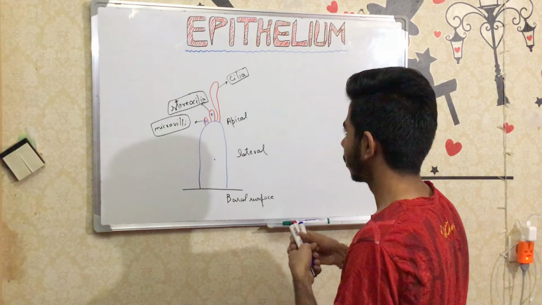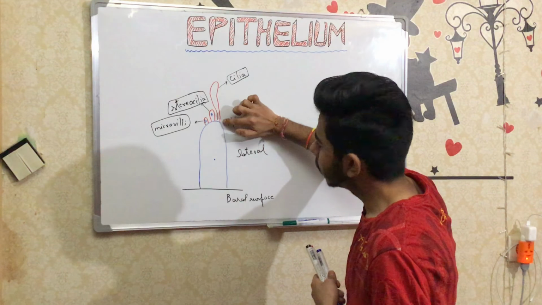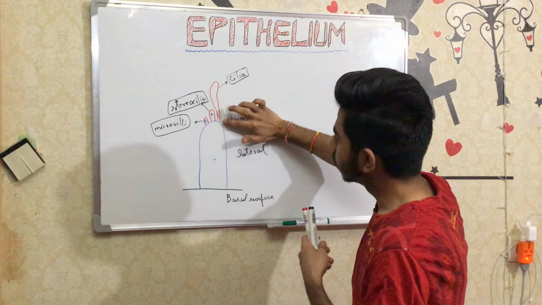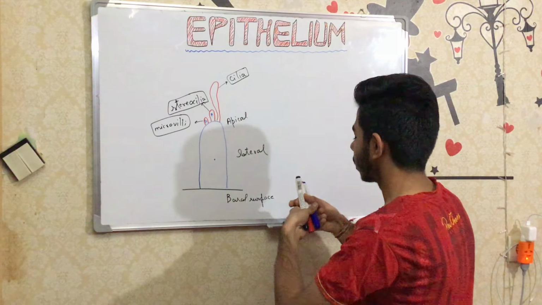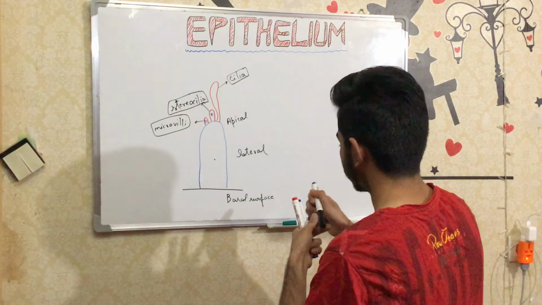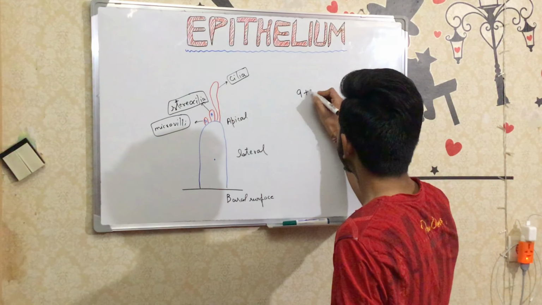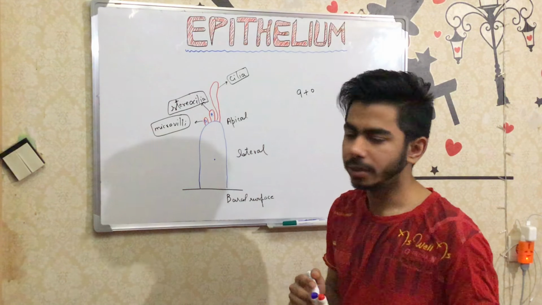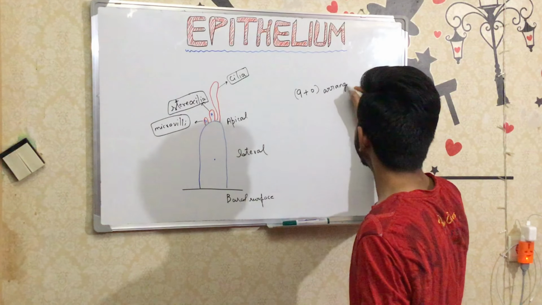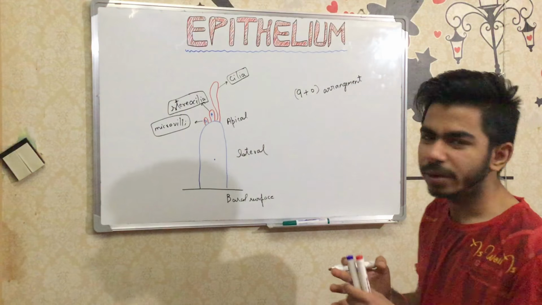If you talk about the basal portion, the base of the cilia, they have microtubules inside, and these microtubules are arranged in such a fashion that they have the 9+0 arrangement. Now what is this 9+0 arrangement?